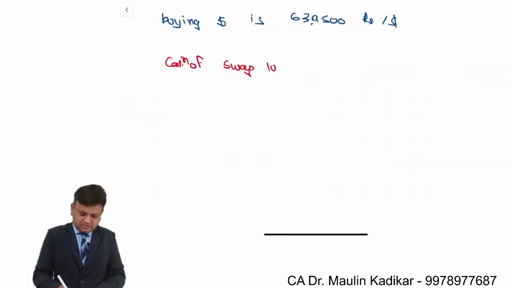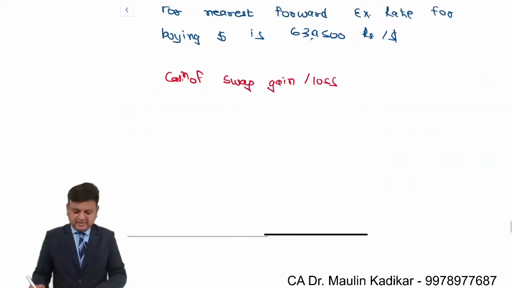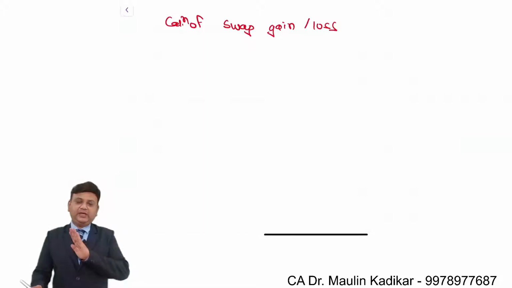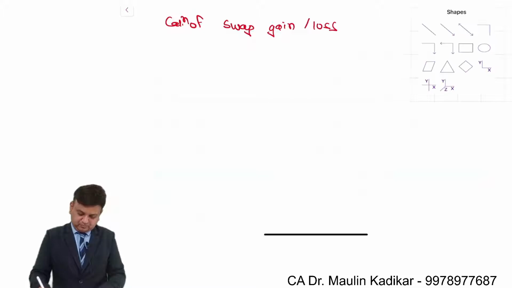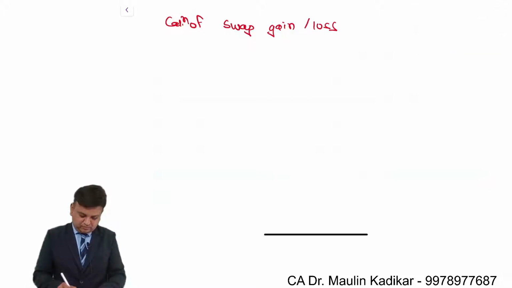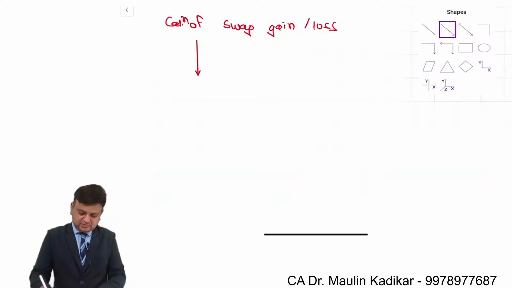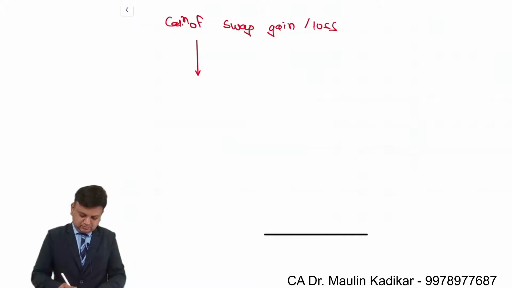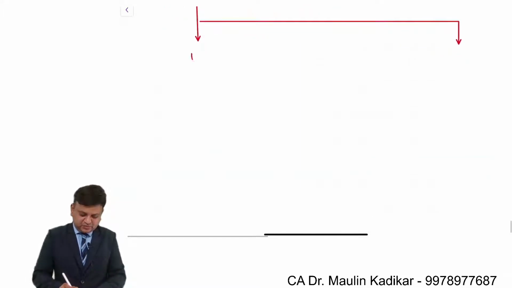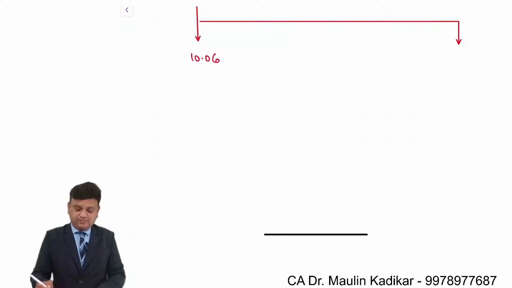Calculation of swap gain or loss. Friends, in examination we don't have to write any explanation. We have to write just answer. So calculation of the swap gain or loss will be like this. The first one is the transaction for 10th of June and another is the forward contract.